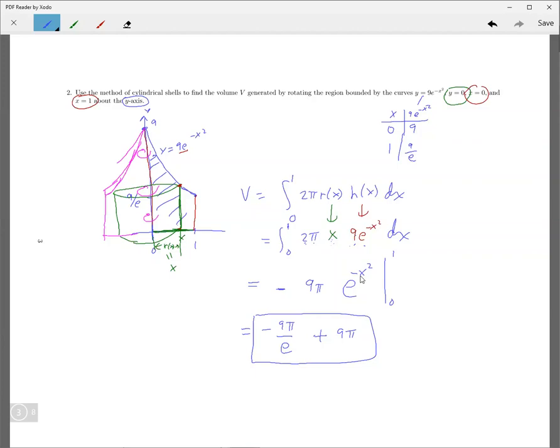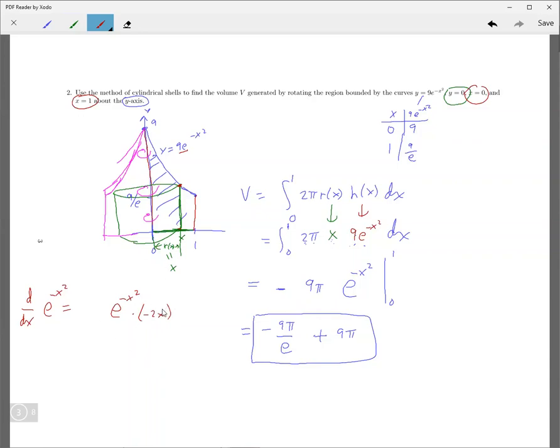So what I did is I started out with e to the negative x squared, okay? And if you take the derivative of e to the negative x squared, you're going to get e to the negative x squared times the derivative of this top part. The derivative of negative x squared is negative 2x.